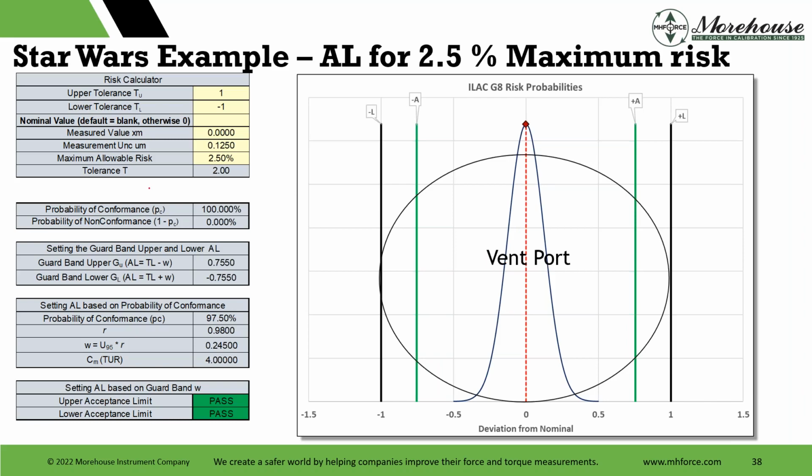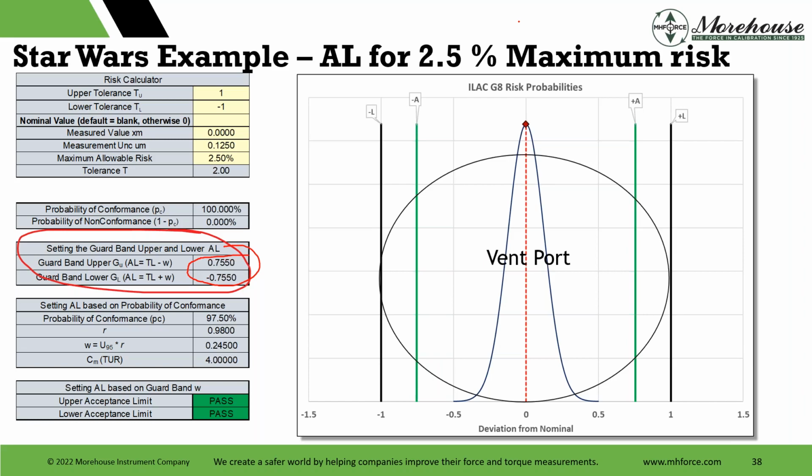Our vent port, we've calculated this. Specifically, we've calculated that guard band using the previous slide. And if you're wondering, yes, we will make the slides available, but you can get all of this in that decision rules guidance booklet.